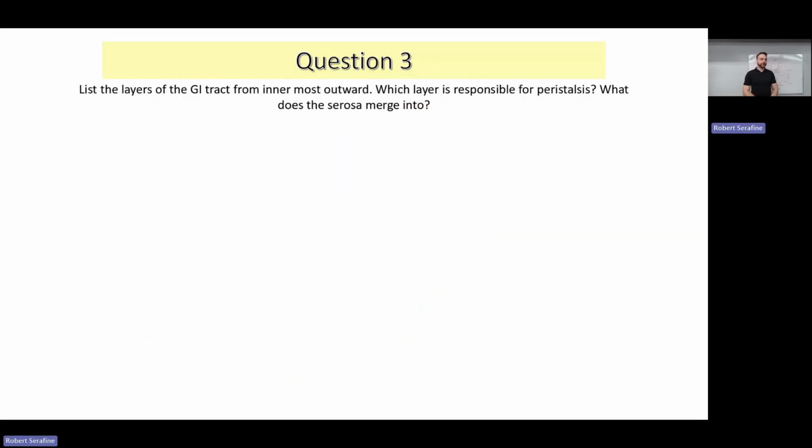So as we look at the different layers of the GI tract, they're going to be very similar to, as we learned, the layers of tissues. As we mentioned before in previous lectures, I want you to remember that your tissue layers come in a specific order, right? We have always the epithelial layer, followed by a connective tissue layer, followed by a muscular layer, and then nervous tissue permeates in between.